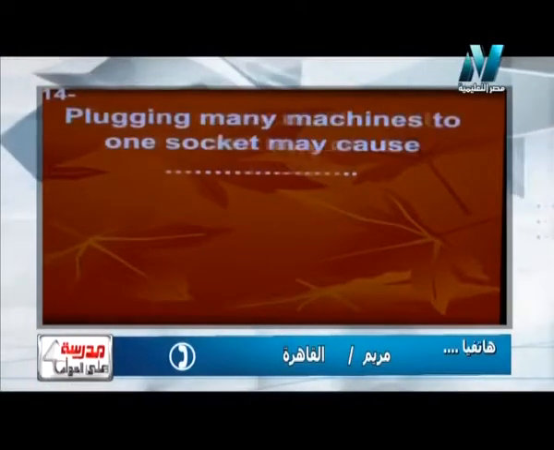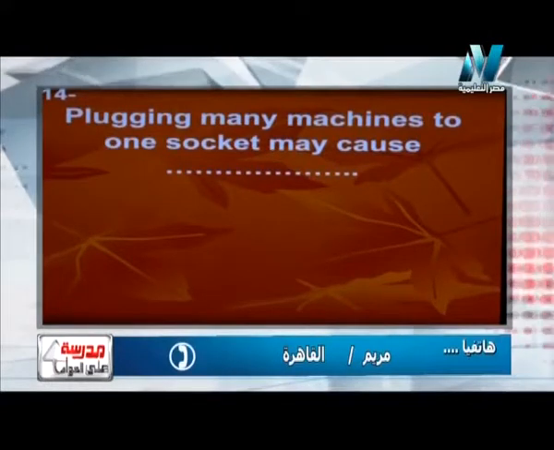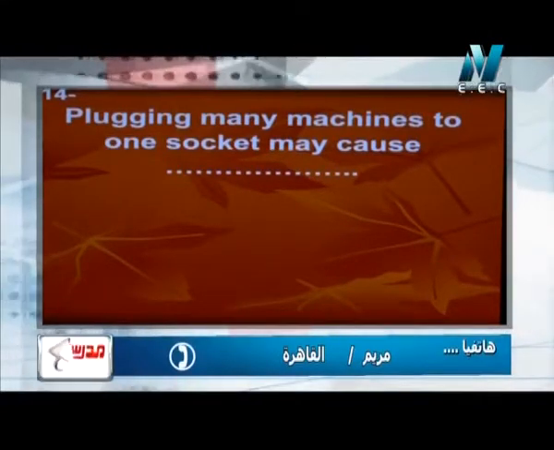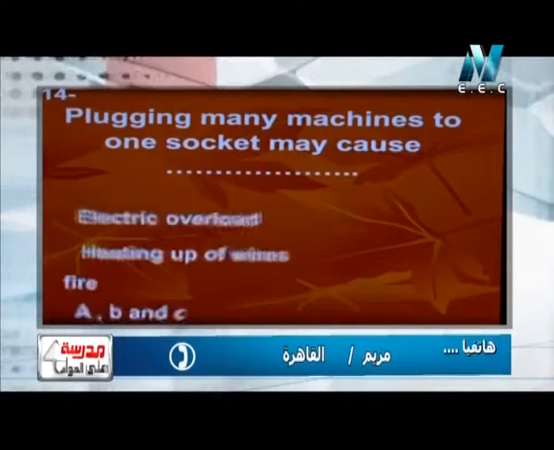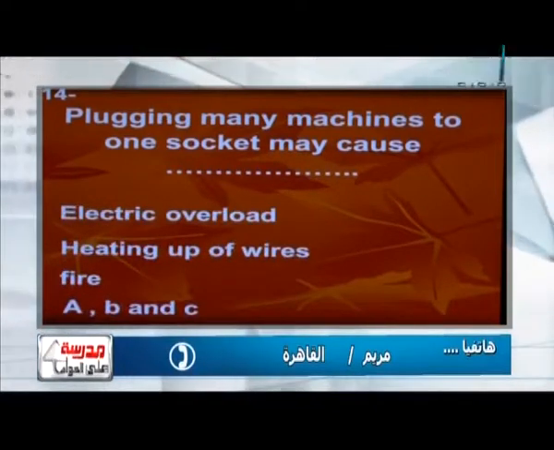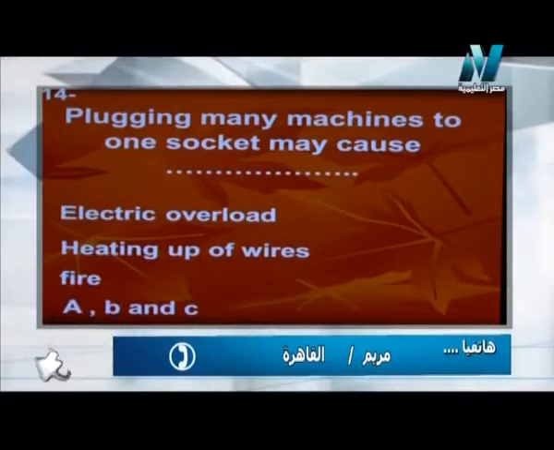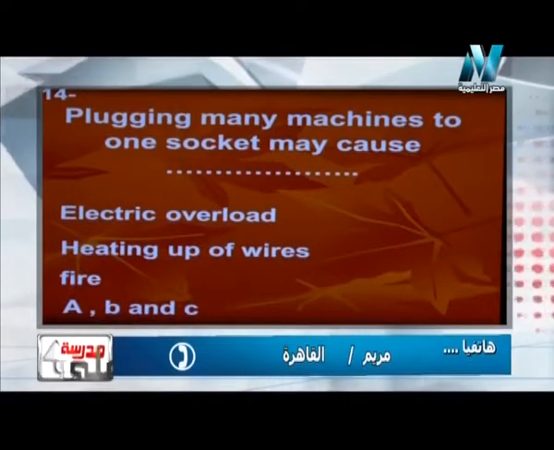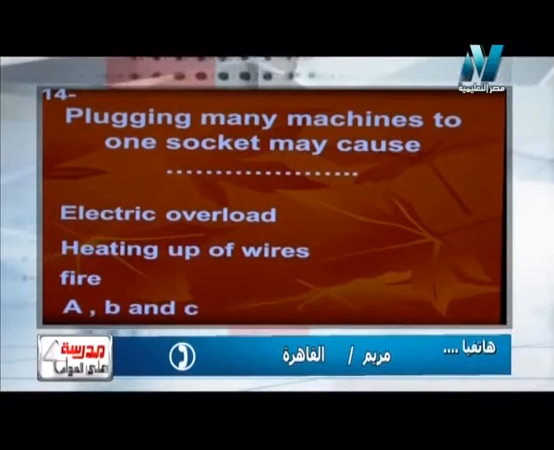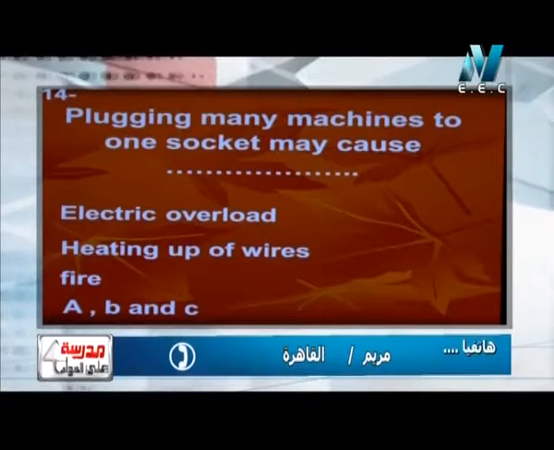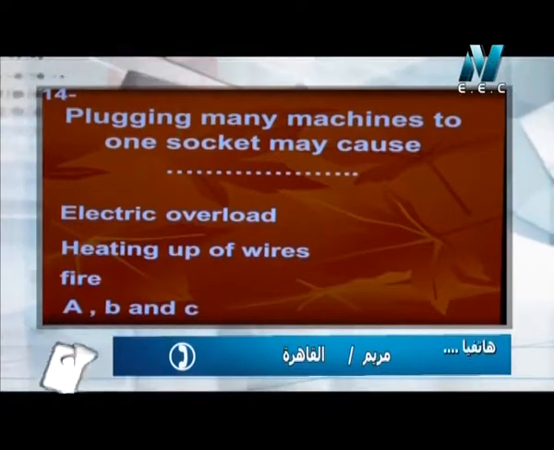So I will give you another question. Plugging many machines into one socket may cause what?